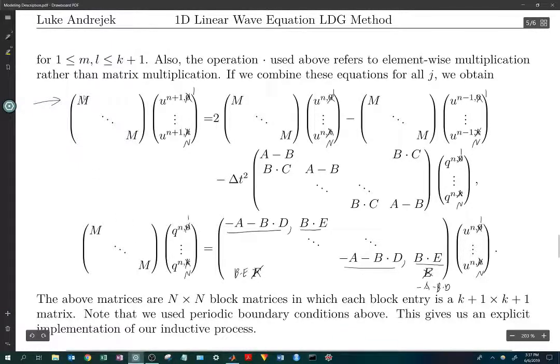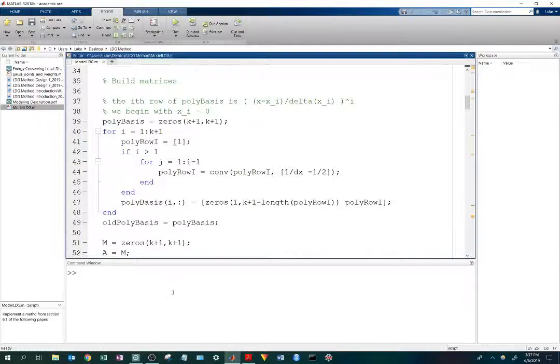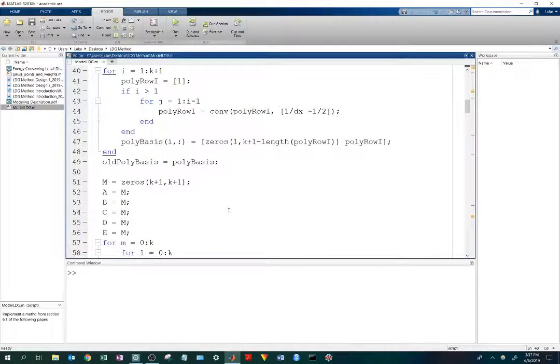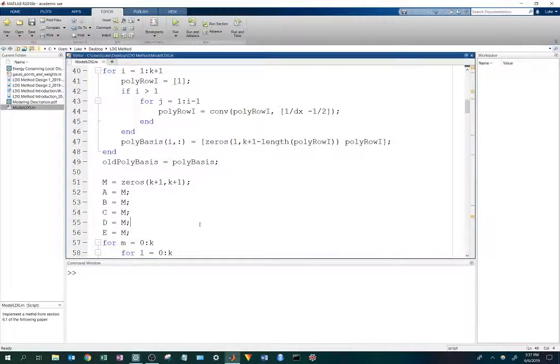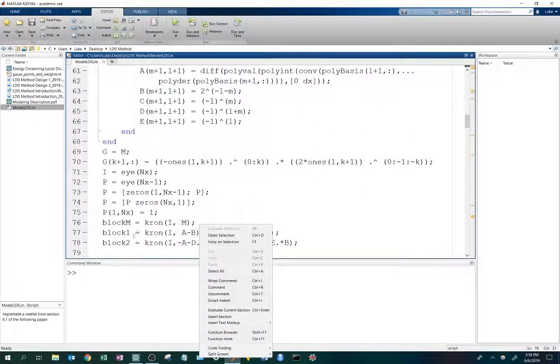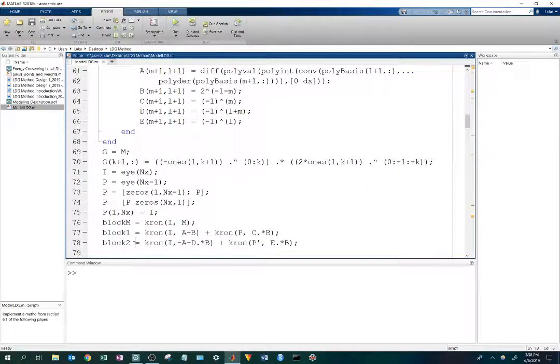So this block of m's is going to be called m block. This whole big thing here is going to be block 1, and this thing is going to be block 2. Okay, so that's what block m, block 1, and block 2 are.